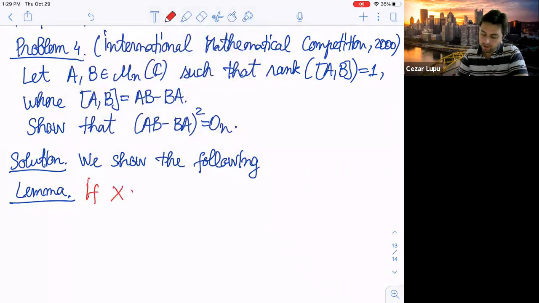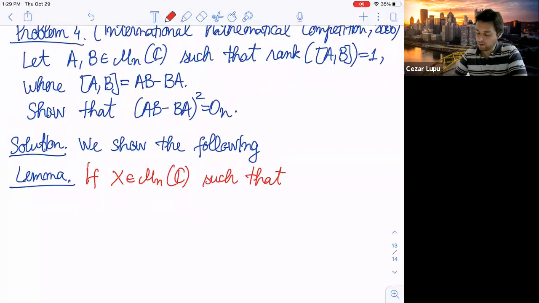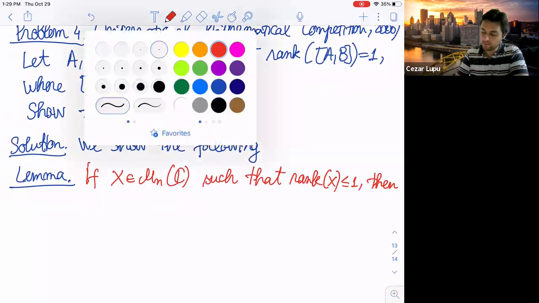If I have a matrix X with complex entries, an n by n matrix, such that the rank of this matrix is at most 1, then we have the following.